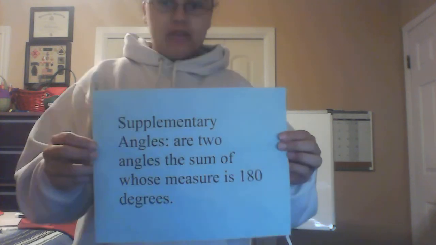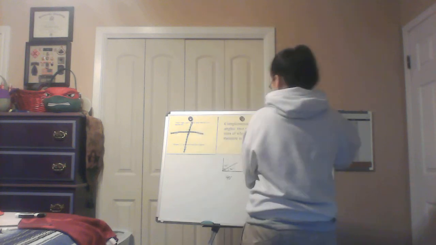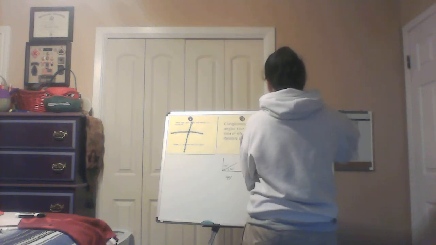Now we've got to do supplementary angles, whose two measures are going to be 180 degrees. And again, I made a little paper on it. Probably shouldn't have chosen yellow, but it's the only little paper I had for now. And it's two angles whose measures will be 180 degrees.